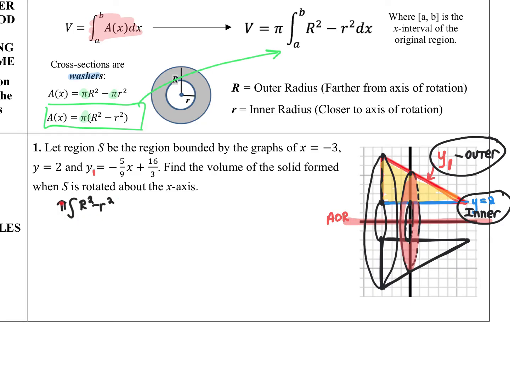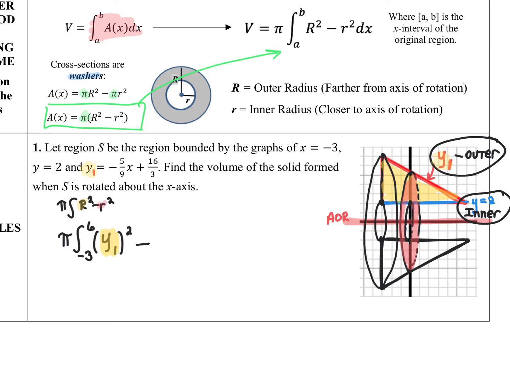Here is the general template for it. So pi, my limits are going to be the x interval of that original region. So it looks like it goes from a low x of -3 to a high x of 6. My outer radius, that capital R, is y sub 1. Since I've defined it as y sub 1 here, I don't need to write that whole function out. I can just call it by what I have defined it as.